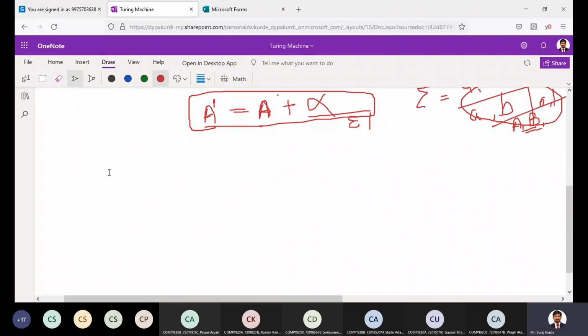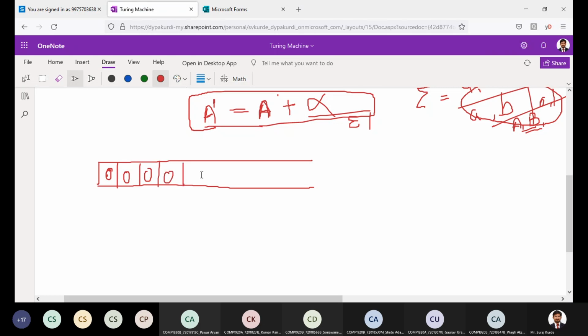So in this question, for a given input tape, let's say this is your input tape. If we read a 0, we have to find a matching 1.